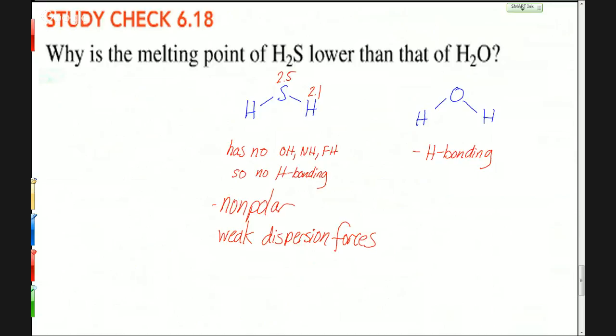So it can only have those dispersion forces, therefore that's how we can explain that melting point. So much weaker attractions between H2S molecules than H2O molecules. H2O molecules will have really strong attractions, H2S have much weaker attractions. See how that kind of works? We feel okay about that, maybe?